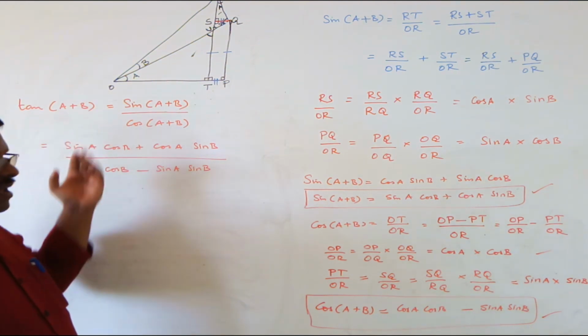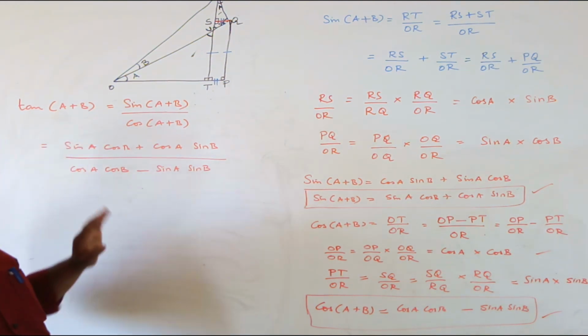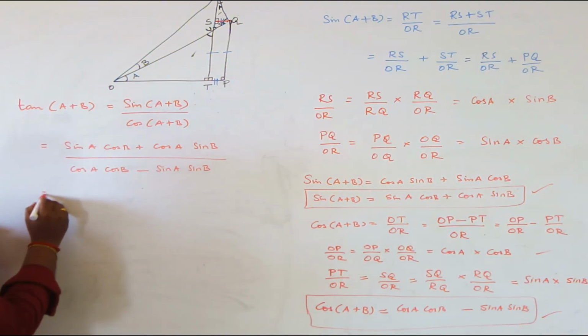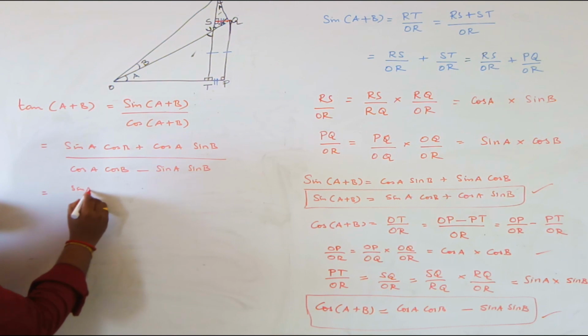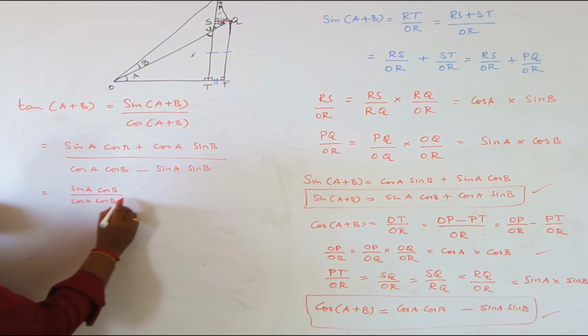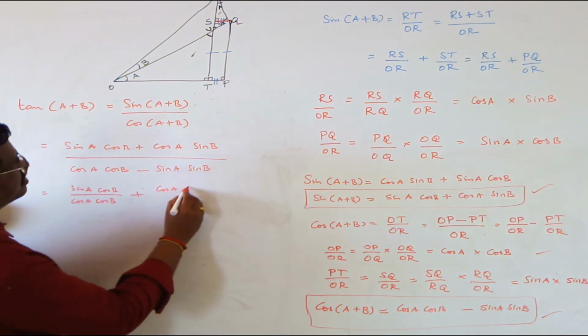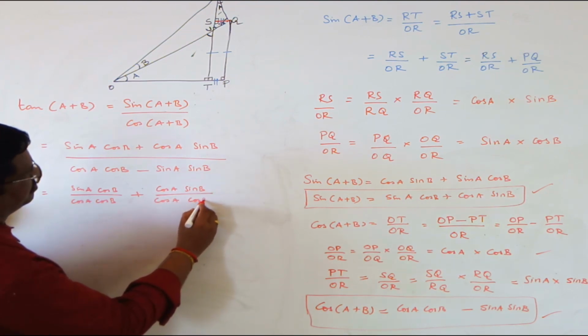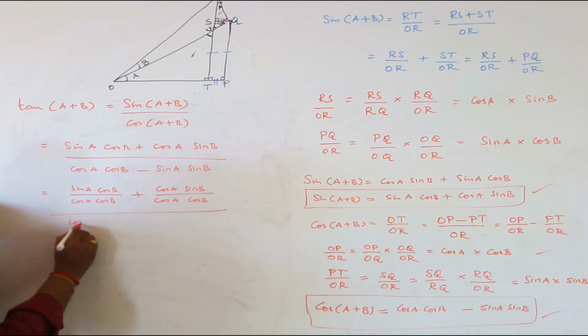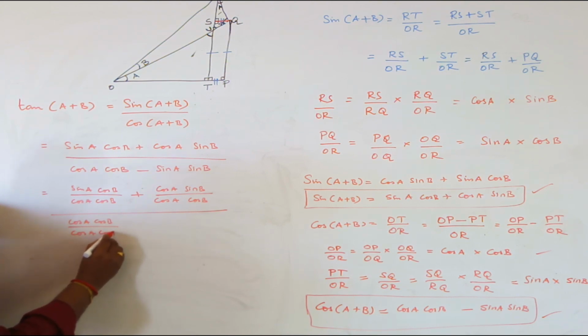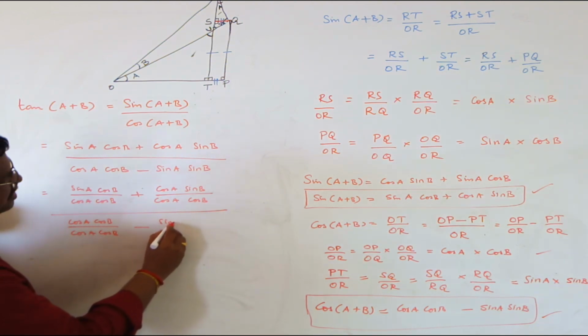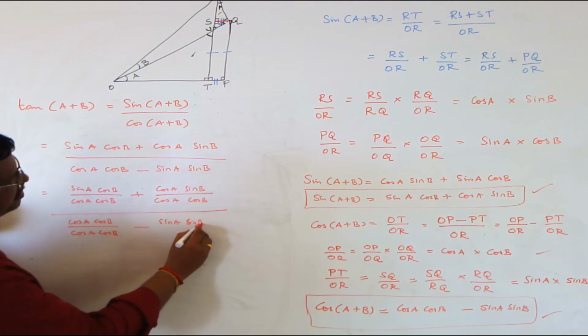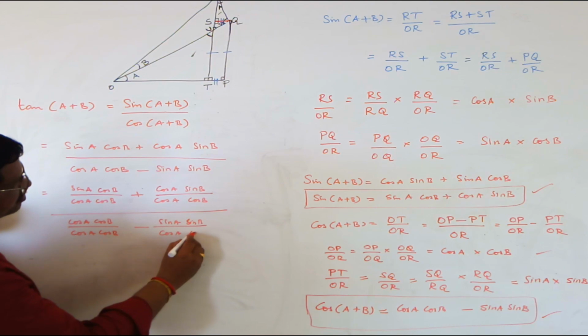We are dividing the numerator and denominator by cos A cos B. So it will become sin A cos B divided by cos A cos B plus cos A sin B divided by cos A cos B, whole divided by cos A cos B divided by cos A cos B minus sin A sin B divided by cos A cos B.